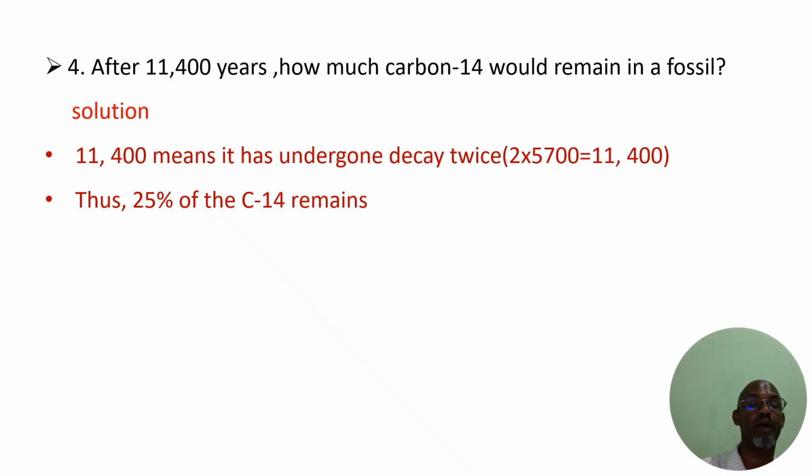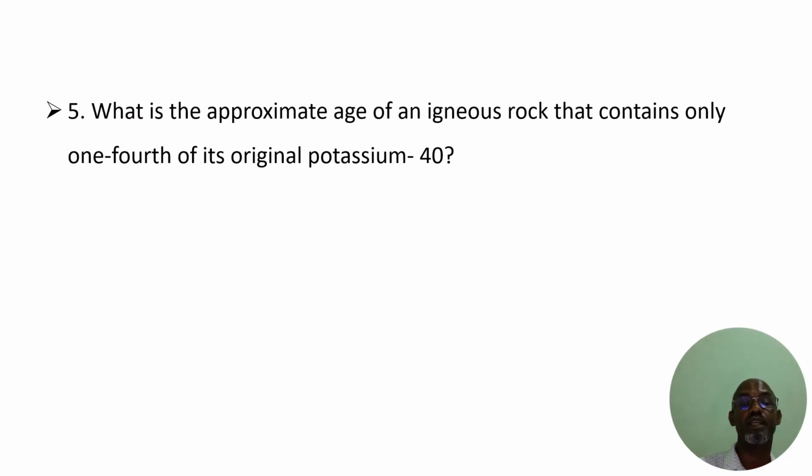And the last, but by no means the least: what is the approximate age of an igneous rock that contains only 1/4 of its original potassium? Imagine, from X to half X, from half X to 1/4 X. You see? How many half-lives? 2 half-lives.